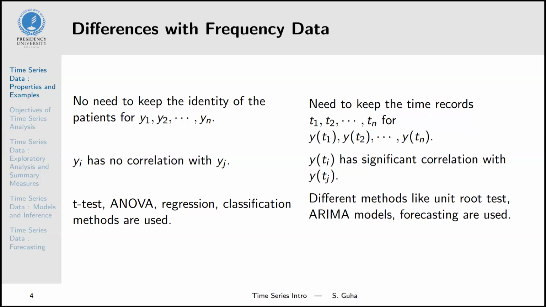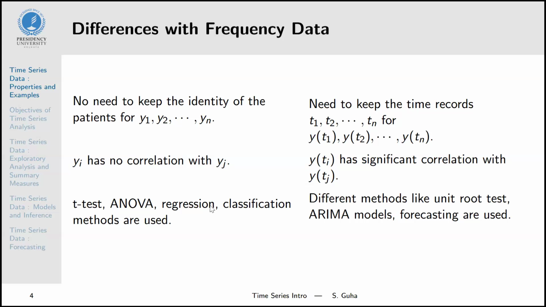So both the value as well as the tagging or the referencing need to be retained for time series data. On the other hand, if you're dealing with frequency data, most of the time, I'm not saying all the time, but most of the time, you don't need to keep the identity or the ID of the patients. Yeah, so that is one key difference of frequency data with time series data.